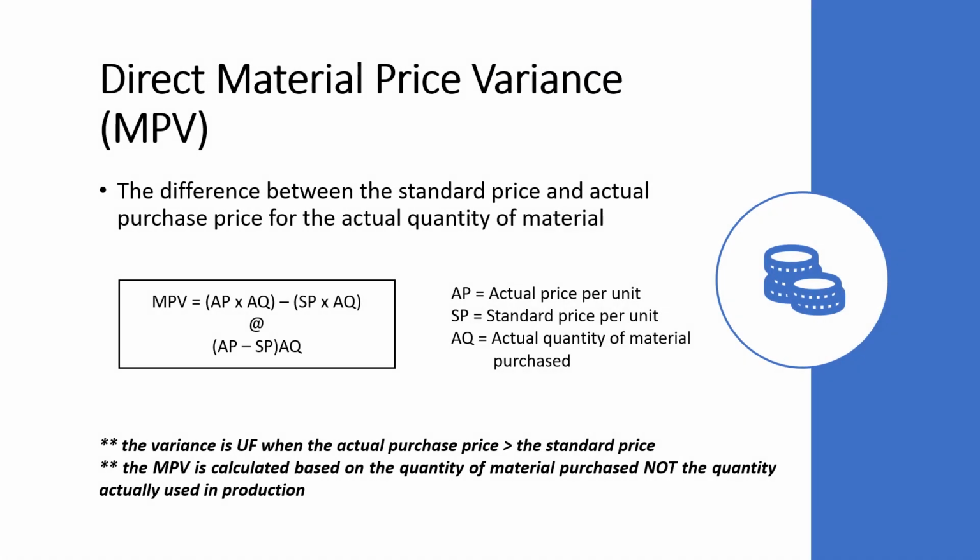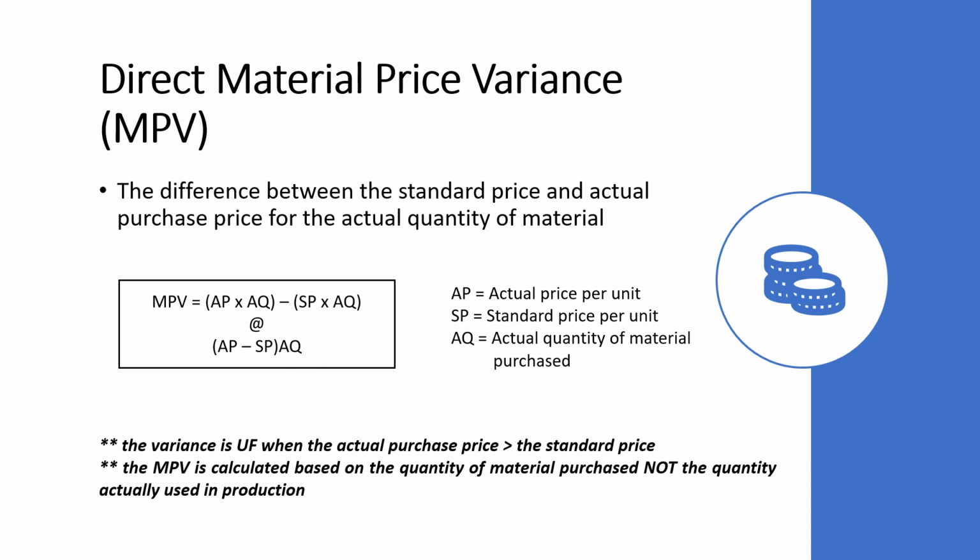Now to be specific, the direct material price variance, or MPV, is the difference between the standard price and the actual purchase price for the actual quantity of material. So the equation for material price variance, MPV, equals the actual price per unit times the actual quantity of material purchased, minus the standard price per unit times the actual quantity of material purchased.